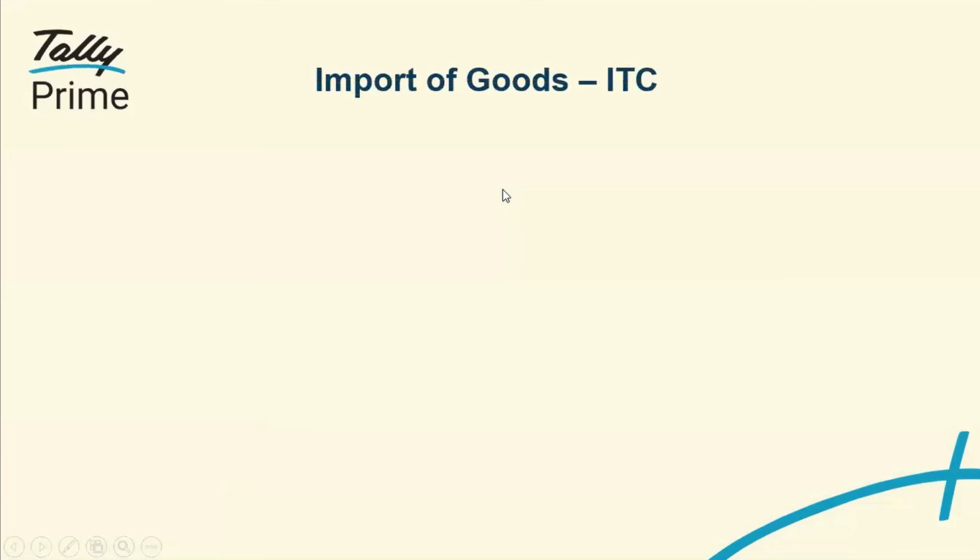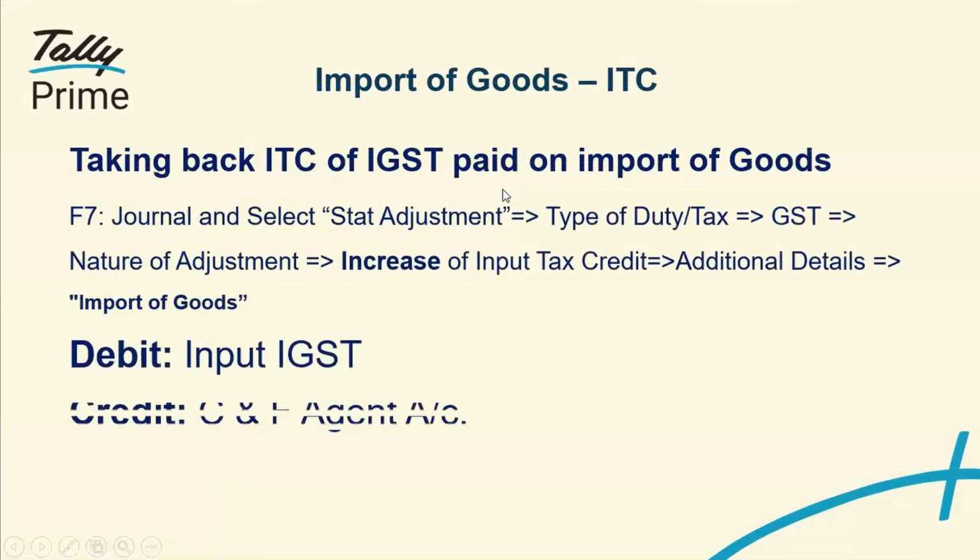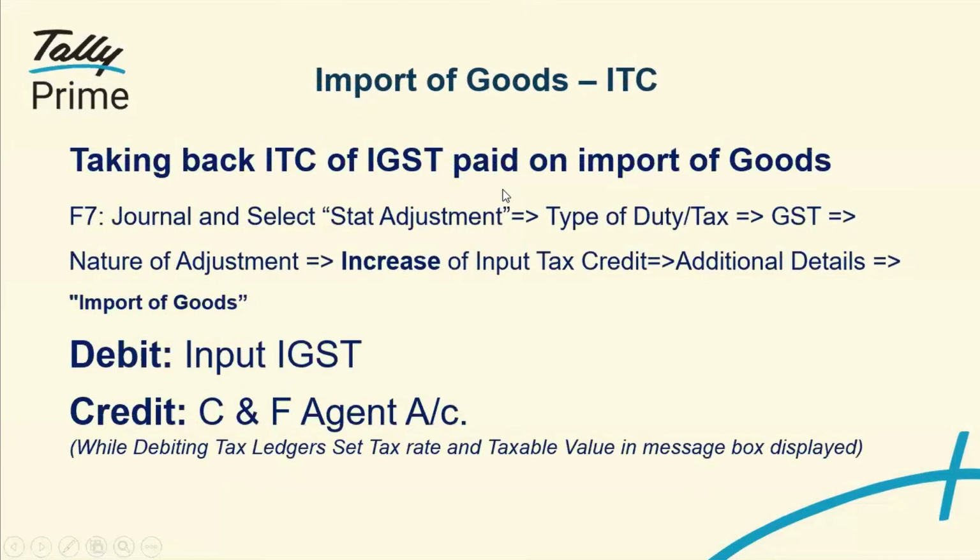Then import of goods. There are a lot of treatments over import of goods. When you create a purchase ledger, there is a separate classification of nature of purchase as imports. Then straight away that IGST carries to import of goods. If you do not do like that, for example if you debit your C&F agent for your bill value and all, then I need to put a separate entry for IGST value, because the C&F agent only takes money from you while they import materials on your behalf.